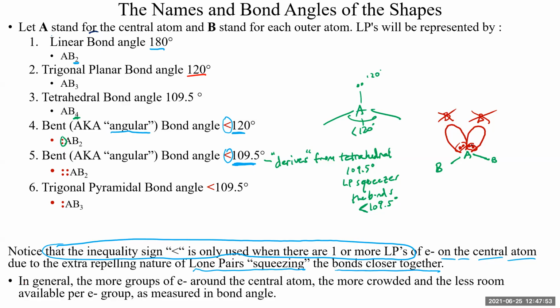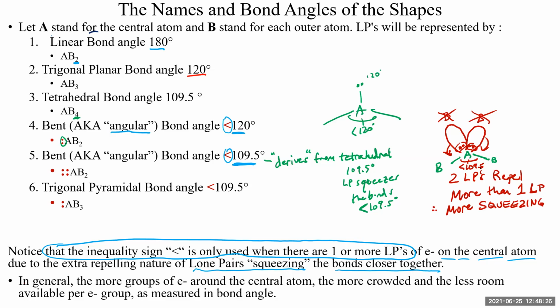Because of that, two lone pairs repel more than one lone pair. As a result, you get more squeezing together. Two lone pairs are going to crush together the B's, the outer atoms here, even more, so that you get not just less than 120, but less than 109.5.